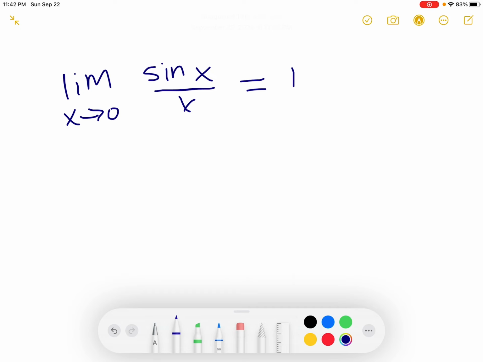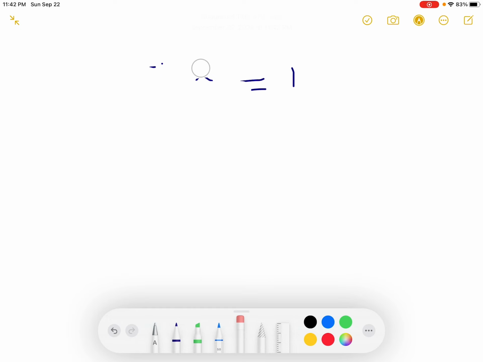But in this case, this is just true, okay? We're going to just say that. So we have to remember that the limit as x goes to 0 of sine x over x is 1. And we're going to use that to solve other problems.